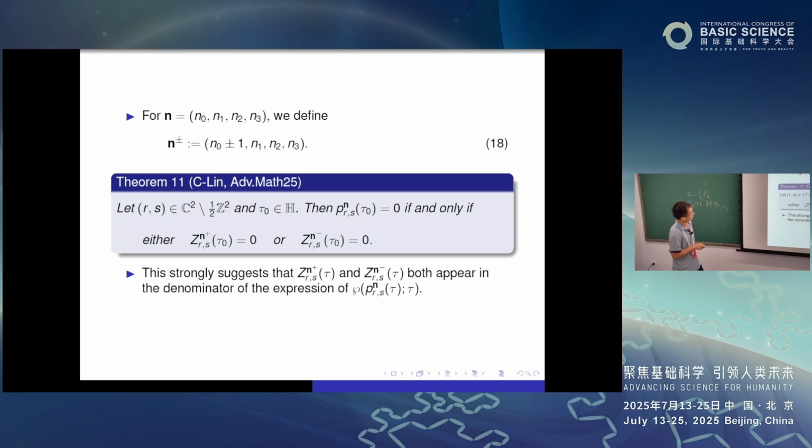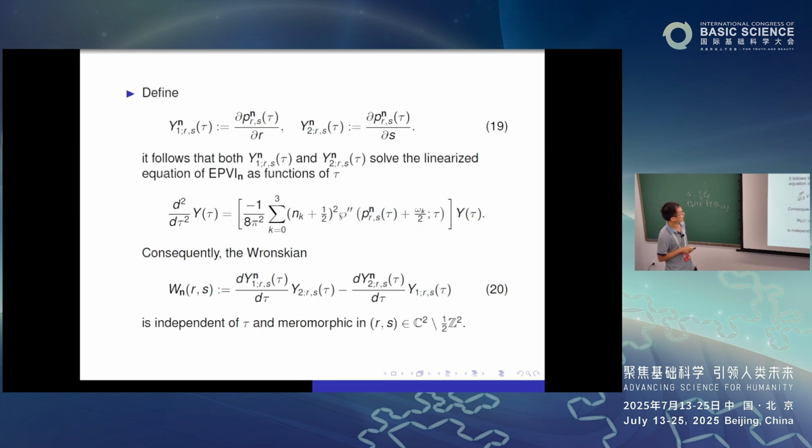So this result suggests that both these two pre-modular forms should appear in the denominator of the expression of the solution of the Painleve VI equation. But this problem seems very difficult. It still remains open. But from here we can give the proof of the universal law.